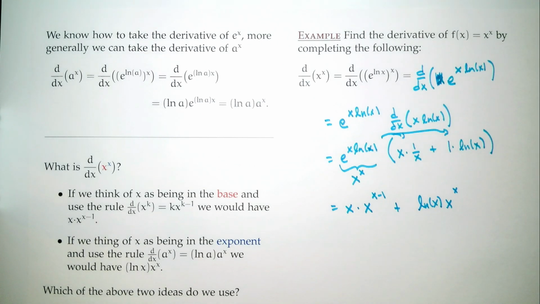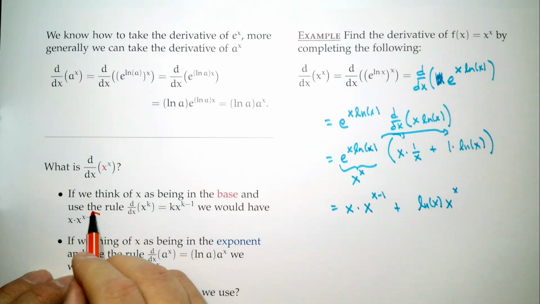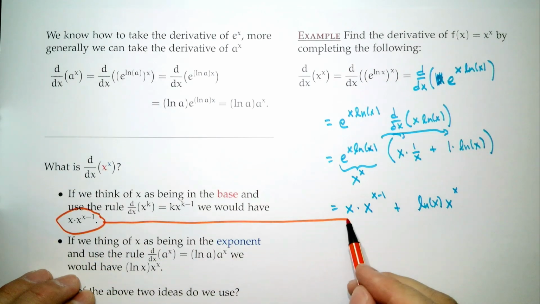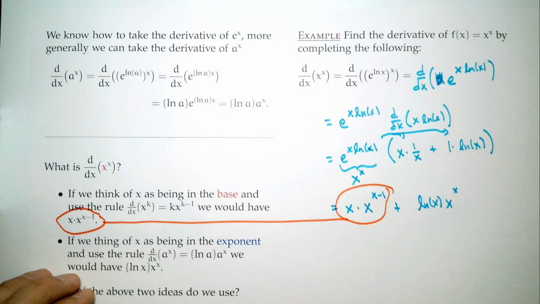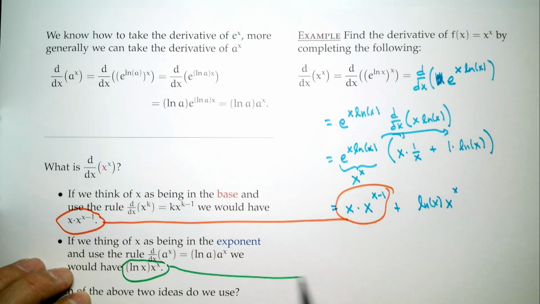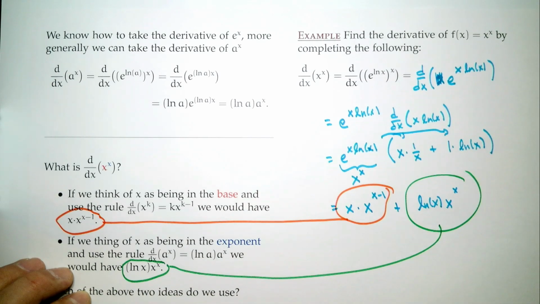And if you look, you'll say, hey, they're both there. x times x to the power x minus 1 is right there. And on the other hand, log of x times x to the x is right there. So they ended up both being used in some sense.